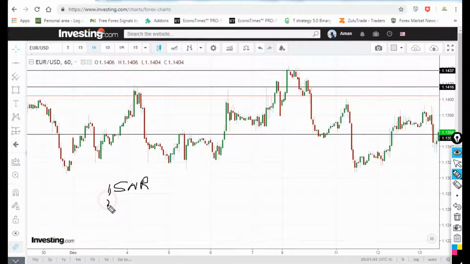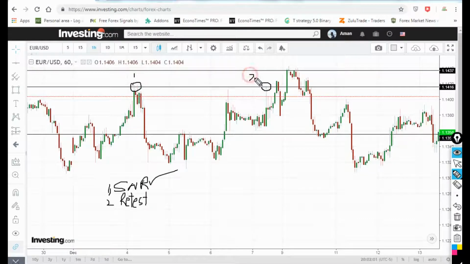Now number two, you have to check the retest, where the market gives action to the support and resistance, like this. This is your retest number one, this is your retest number two, and then the rule is that you see a breakout. Now breakout to another support and resistance level, just like this 1.1437.